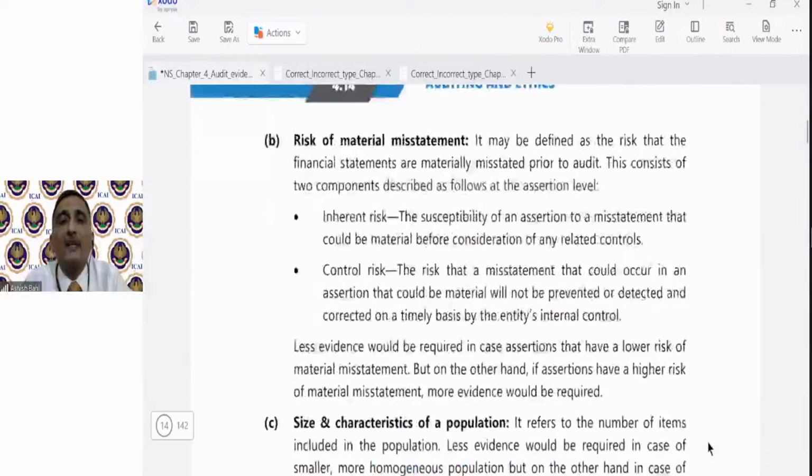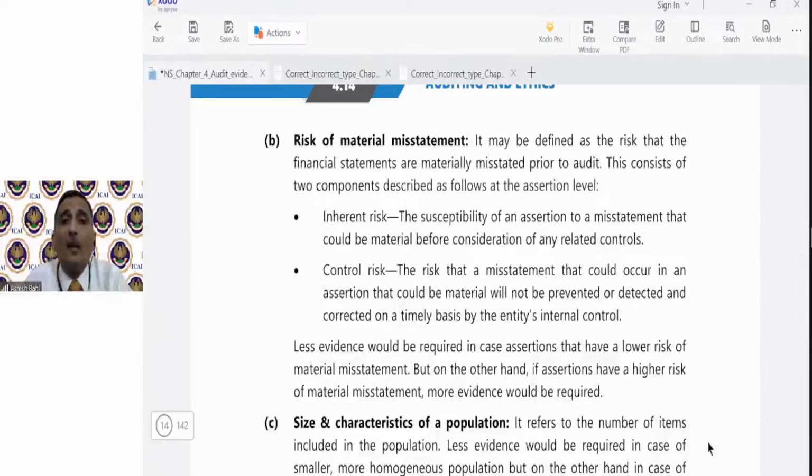Risk of material misstatement, this we have already touched earlier also. If the risk of material misstatement is more, if the chances that financial statements are materially misstated are more, then obviously the auditor would be needing more audit evidence.